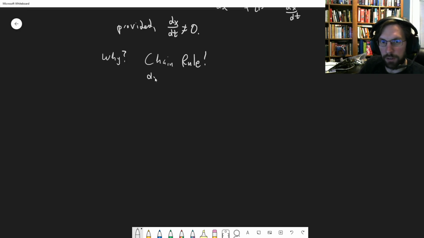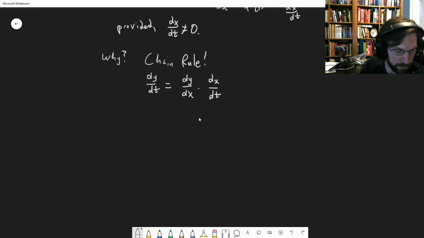If we think about dy/dt, dy/dt is going to be dy/dx times dx/dt. Okay, and we just solve this for dy/dx, and you end up dividing by dx/dt. So this is again still the change in y over the change in x. That's how you end up with the slope of your tangent line.